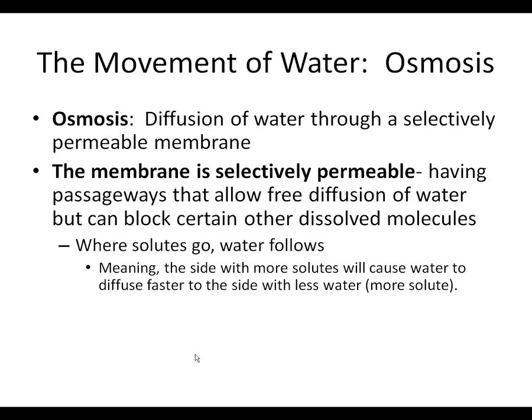So if you've got solutes going into the cell, water is going to follow right behind them. Whichever side, the plasma membrane's extracellular face or its intracellular face, has the most solutes, water will diffuse faster to that side so that it can maintain equal osmotic pressure on both sides of the cell and the cell doesn't rip apart.